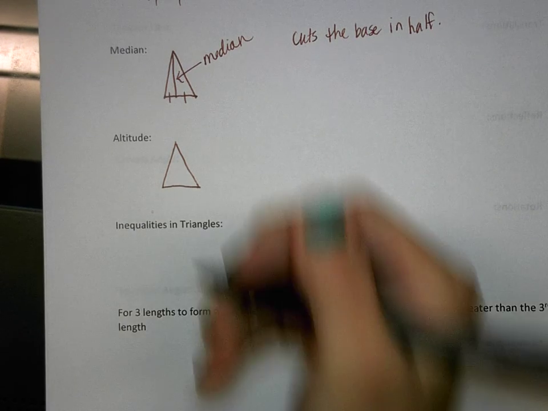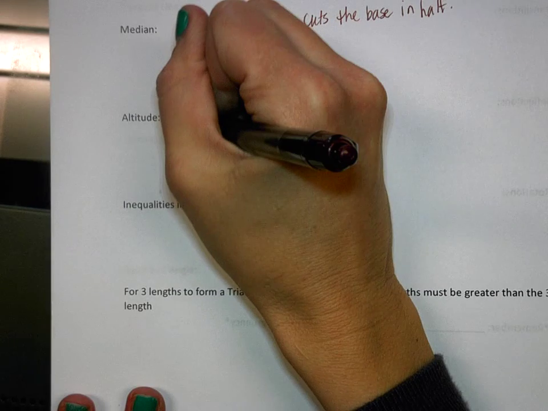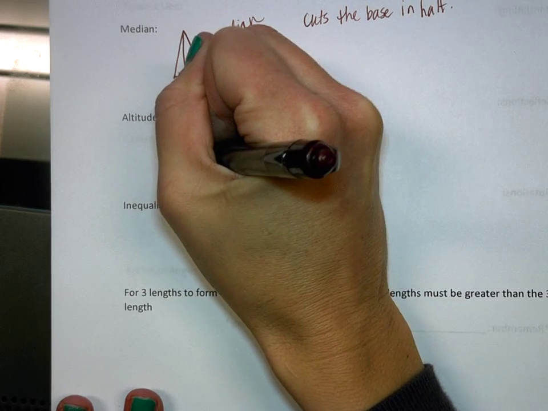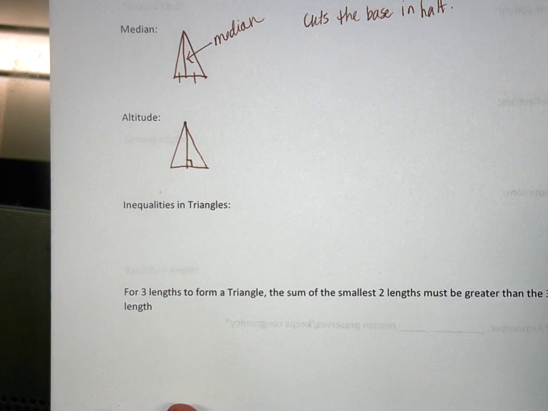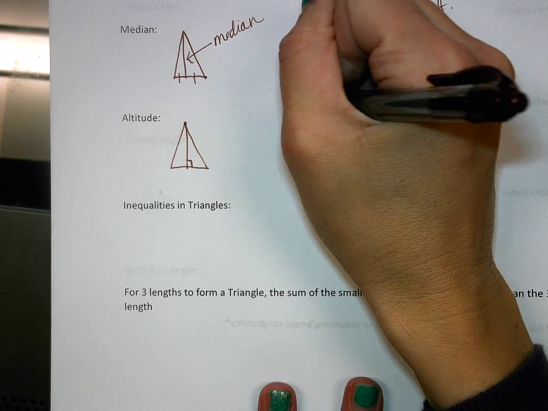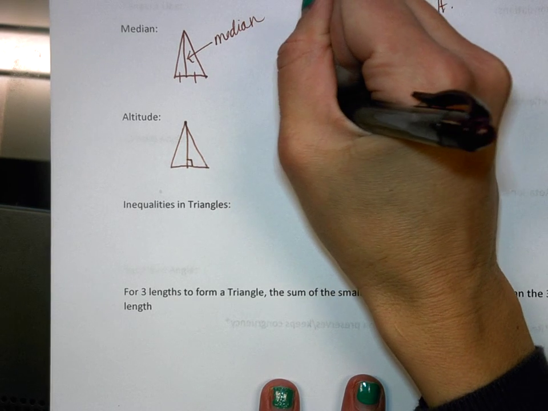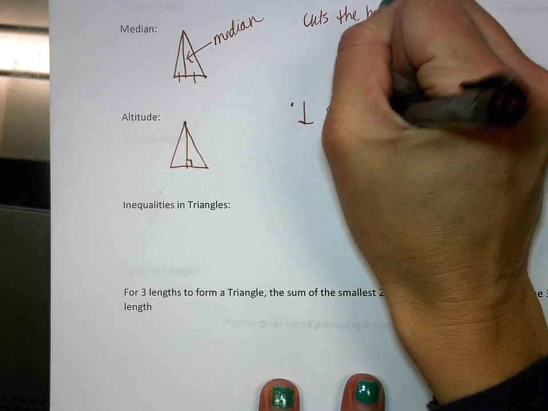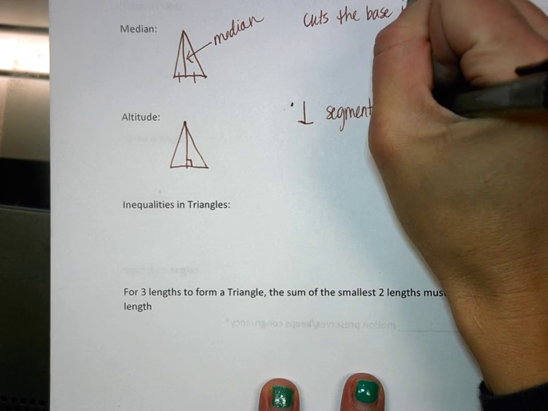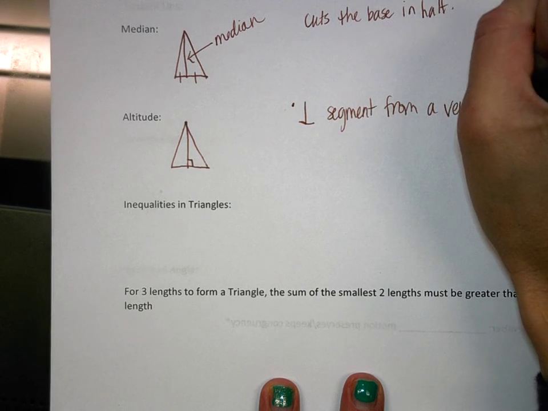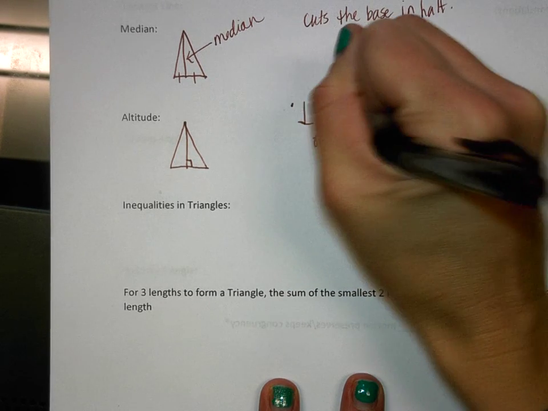So the altitude, again, it's a line going from the vertex down to the other side, and altitude always makes a 90-degree angle. Or we could say a perpendicular segment. So I'm going to put perpendicular segment from a vertex on the opposite side.